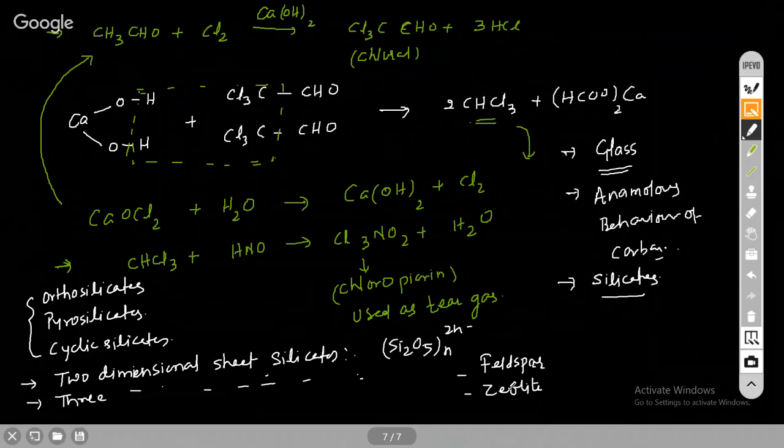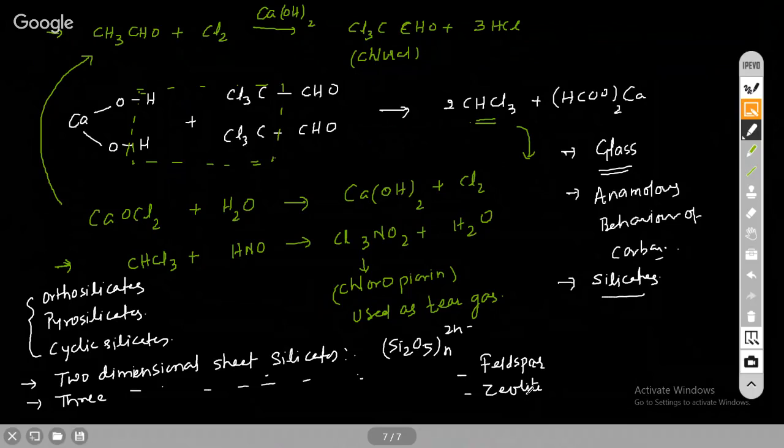Few examples are given, like anorthite. However, this feldspar example is not that important, but zeolites have a few properties given in NCERT and a few examples, like gmelinite, edingtonite. These are a few examples of zeolite we have.